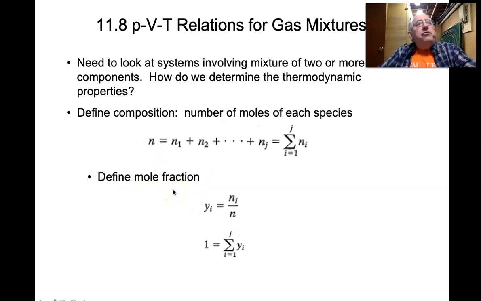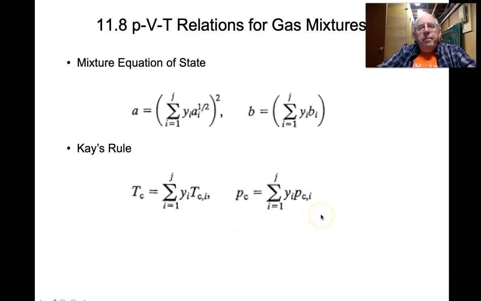Now, we don't want to confuse this with the mass or the volume fraction associated with a two-phase mixture that we saw before when we were under the dome. In this case, our mole fraction will be given by y sub i. And if we added up all the mole fractions of a mixture, that would have to equal 100% or 1.